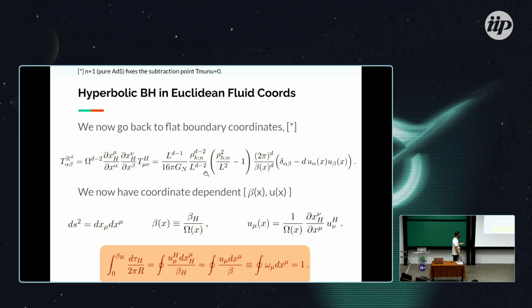This is sort of a stupid statement, but if we rephrase this in terms of the fluid velocity and fluid temperature, then we can put it in a more covariant way, and we find that this u mu over beta in this perfect fluid model forms the vorticity tensor, and this condition turns into the one that we will always ask our solution to satisfy to have the correct conical singularity.